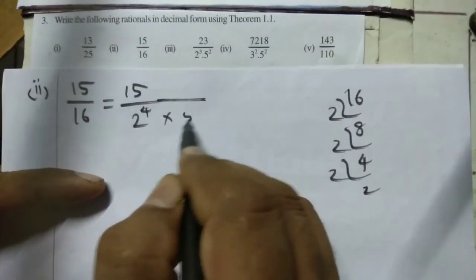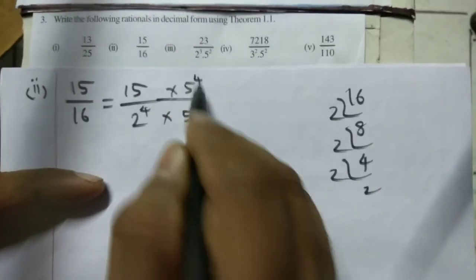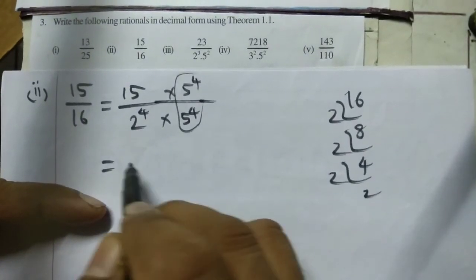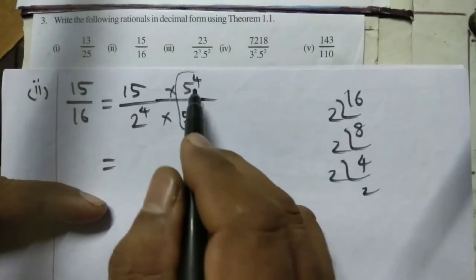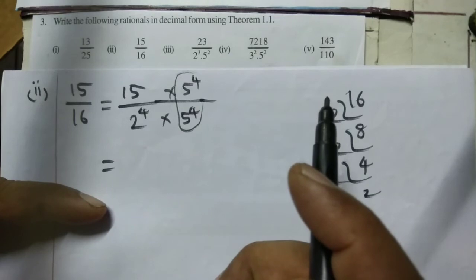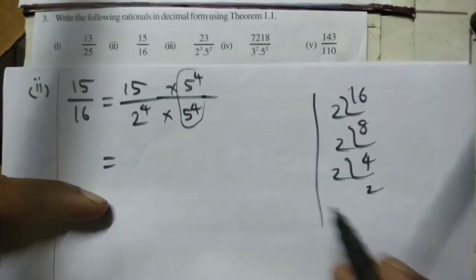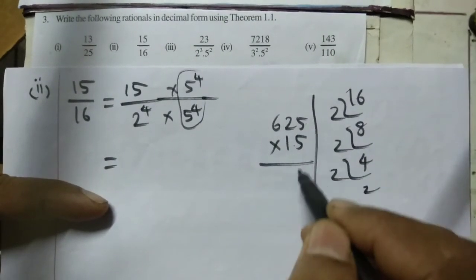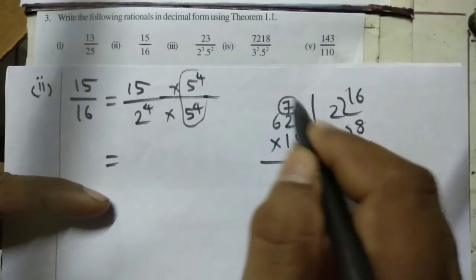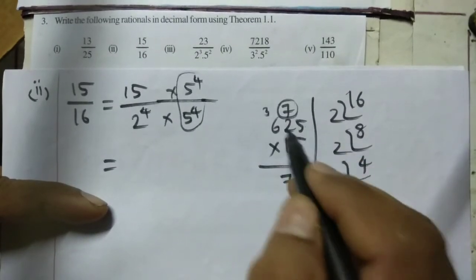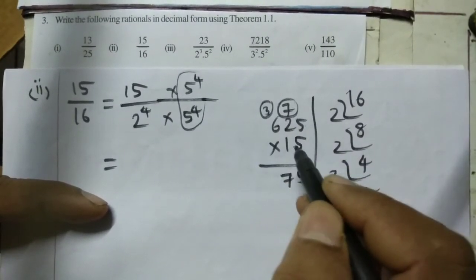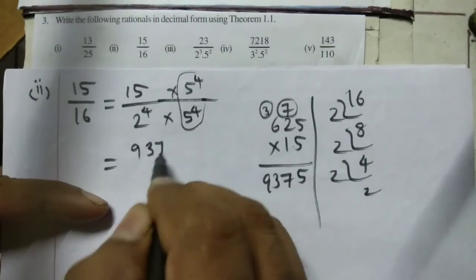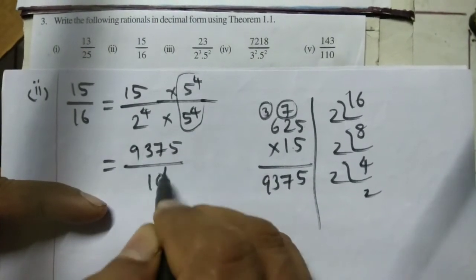That's why we have to multiply both numerator and denominator by 5 to the power of 4. 5 5s are 25, 25 5s are 125, 125 5s are 625. 625 into 15 is 9375, by 10 to the power of 4.